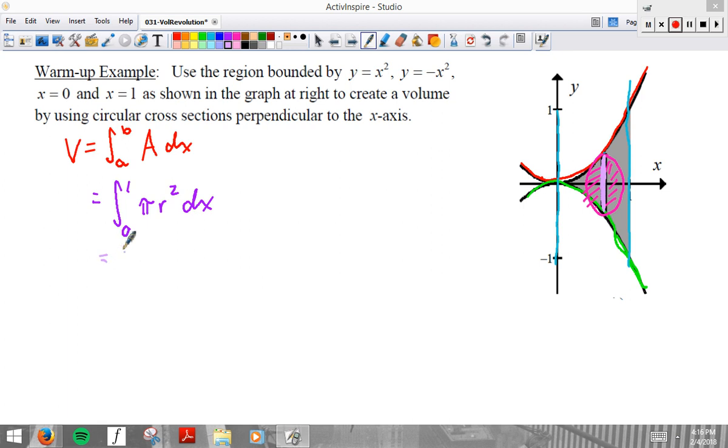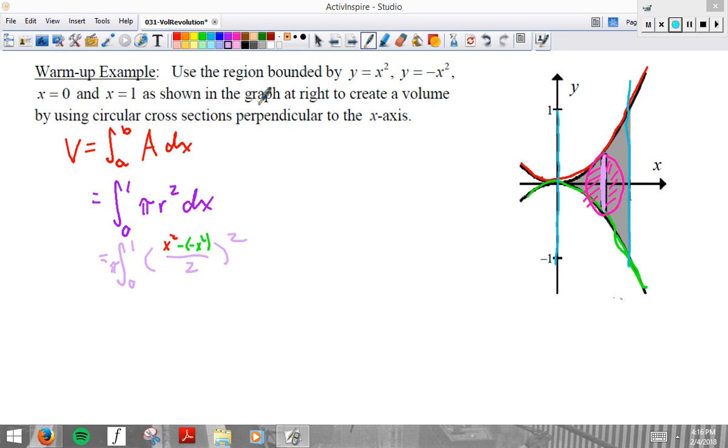So extending the idea from 6-5 rather, we'll move the pi outside. We'll do the top side, x squared, minus the bottom side, careful with your parentheses, and we'll divide all of that by 2 since that represented the diameter, and we want to get the radius squared.